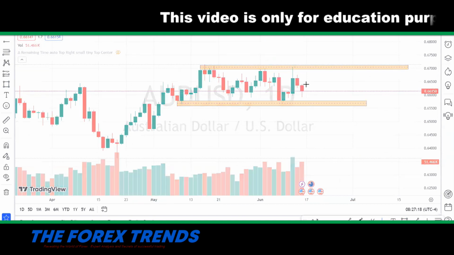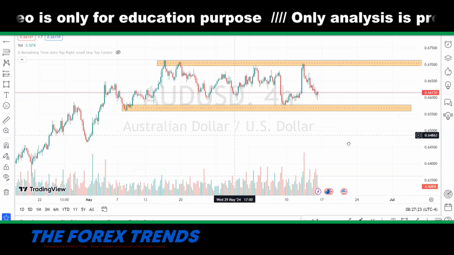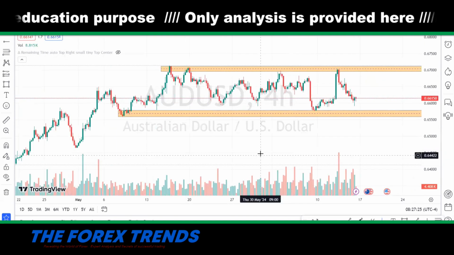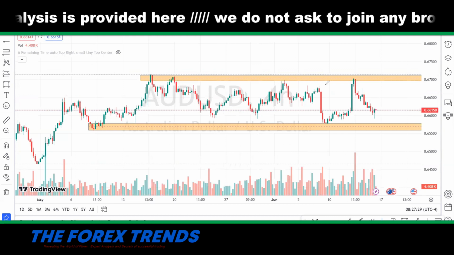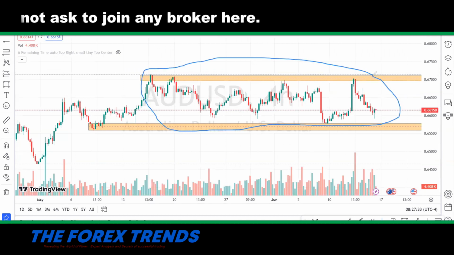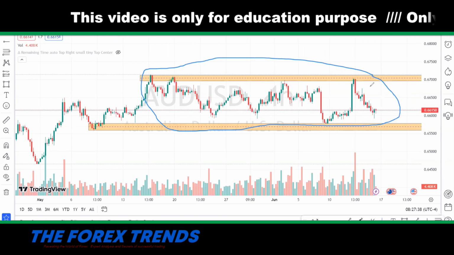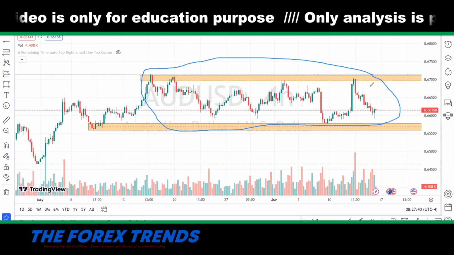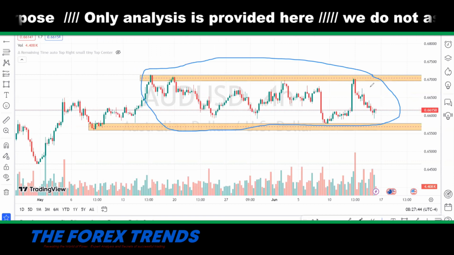Let me shift to the 4-hour frame. If we check the 4-hour frame, it is kind of a ranging market. As you can see, price has been ranging between this zone for a long time, and it is also called accumulation and inducement. All are the same things.